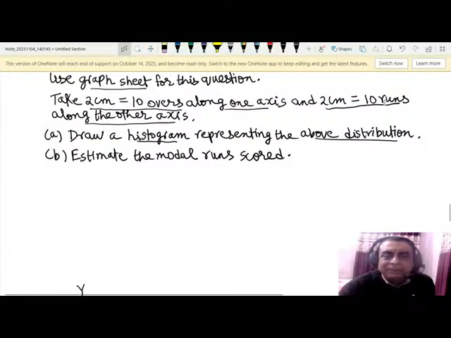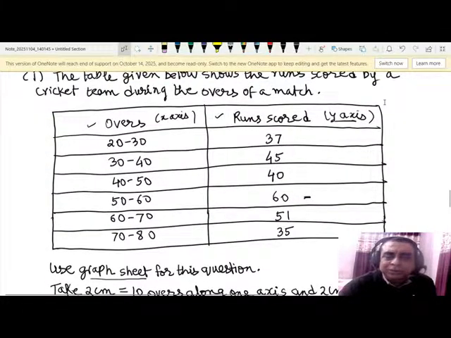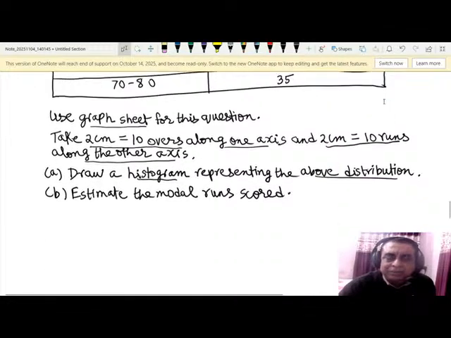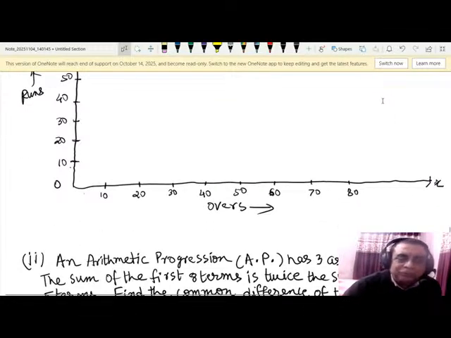Now it is told to us that from 20 to 30 overs, 37 runs are made. So take the gap between 30 and 40 on the y-axis and divide it into 10 equal divisions. You may see 10 small squares in the graph paper. The seventh square mark you take will be representing 37.